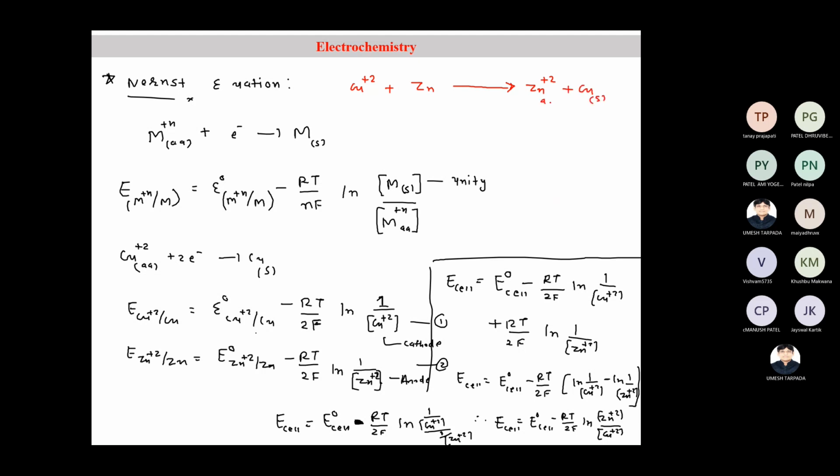So this is your product, and this becomes the reactant. So you can write E cell is equal to E standard minus RT upon nF ln product upon reactant. Copper is in solid form, so its concentration is 1 molar, and Zn plus 2 is the product. Zn is in solid form, so its concentration is 1 molar, and copper plus 2 is the reactant. So that is nothing but the product upon reactant.